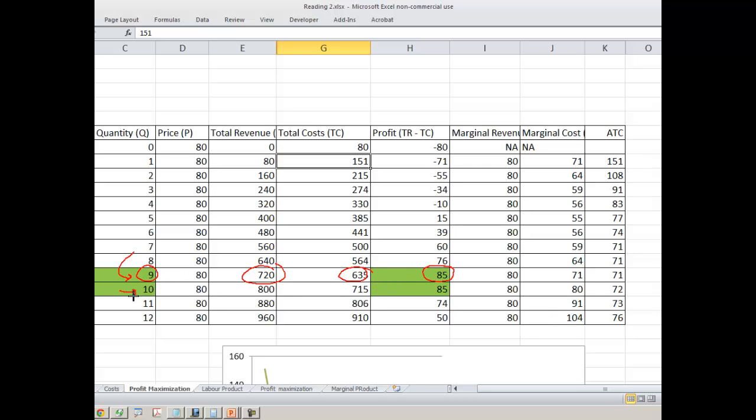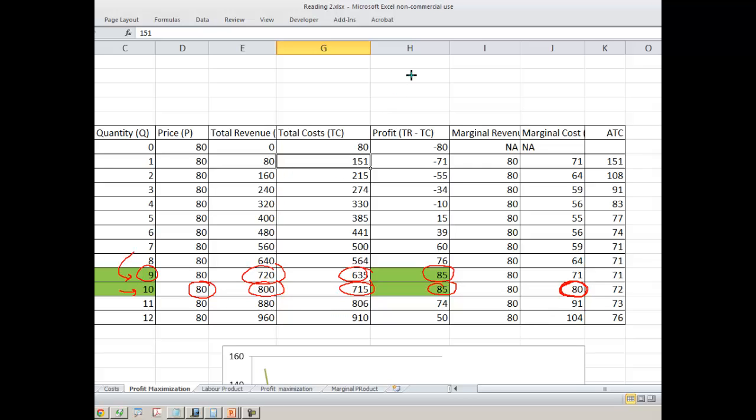You bring an additional unit, your revenue increases, your cost also increases, and the profit remains the same, right? Now what could be the reason for this? The reason is that your cost increased by the same amount as your revenue increased. So it means that your marginal cost is the same as your price.